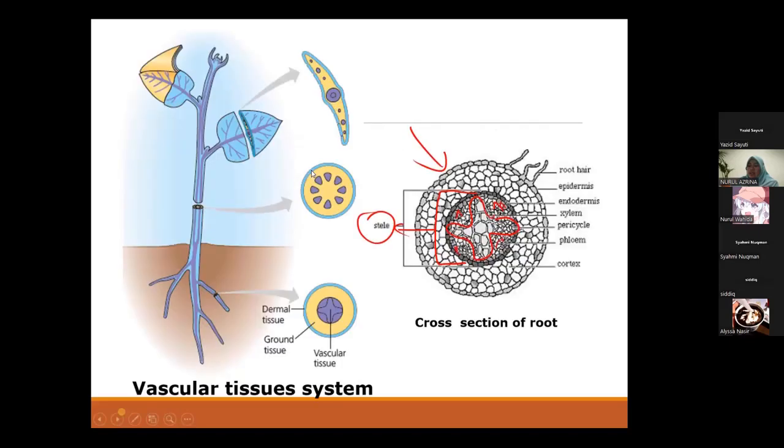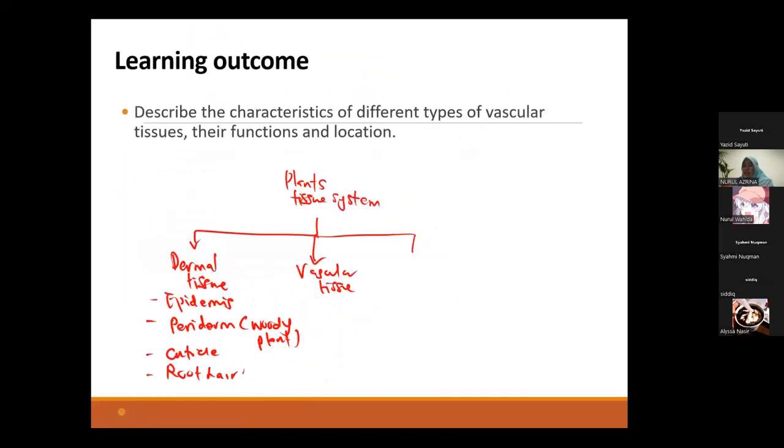Okay, so what can we put in our simple notes over here? For vascular tissue, it refers to the xylem and also phloem. All right, so what is the function of xylem and what is the function of phloem? You can add later on lah.